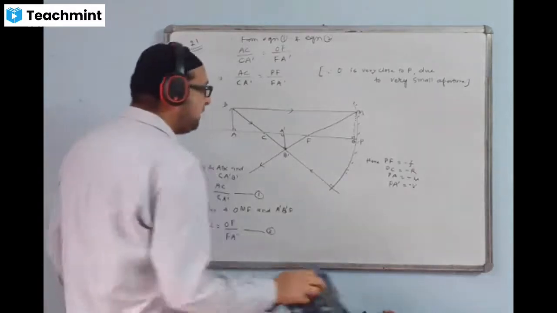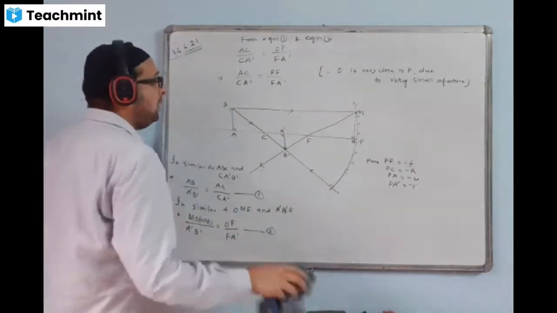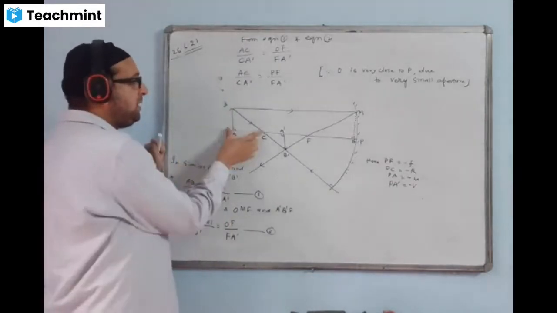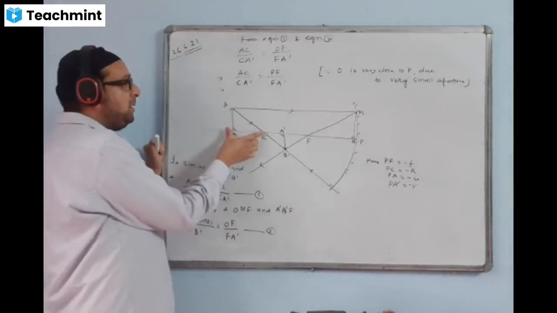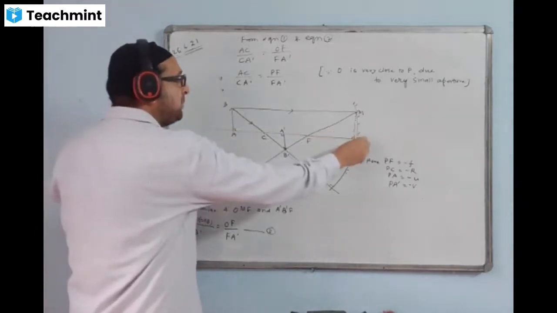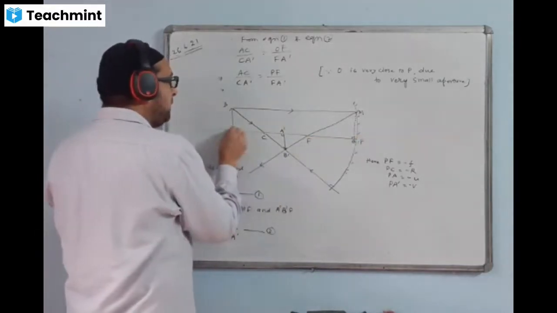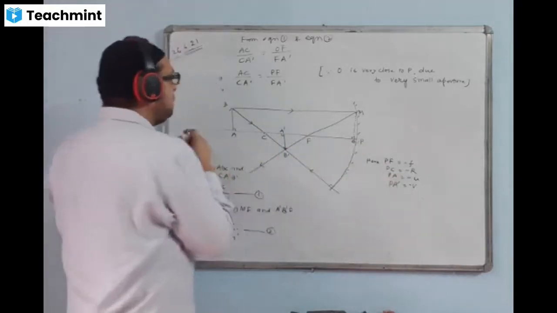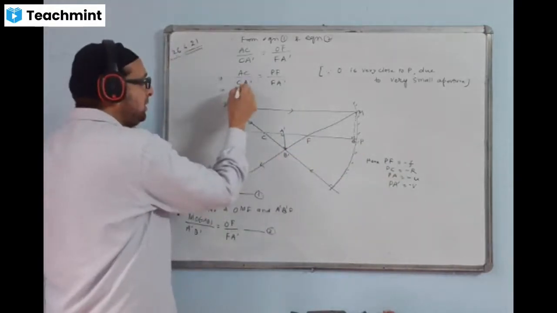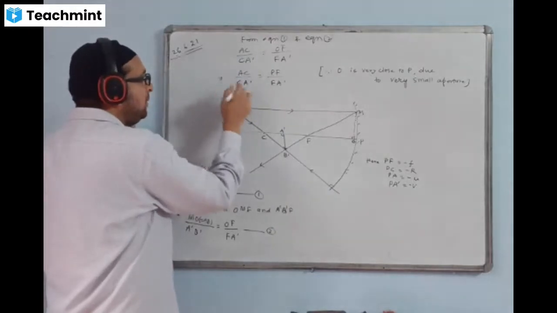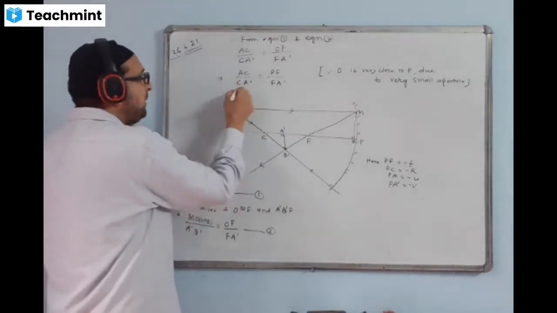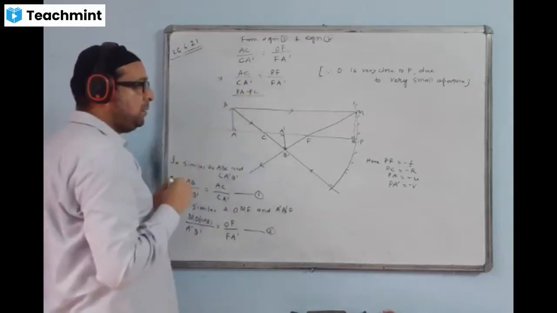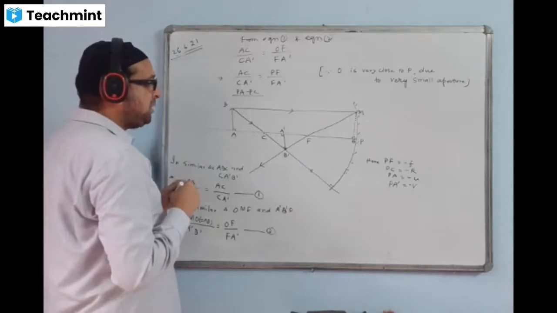Okay, now I'll take the values. AC, A to C distance. AC value will come from here, let us measure from P. It will come PA minus PC. PA value is minus U. So first let us write PA minus PC upon CA dash.